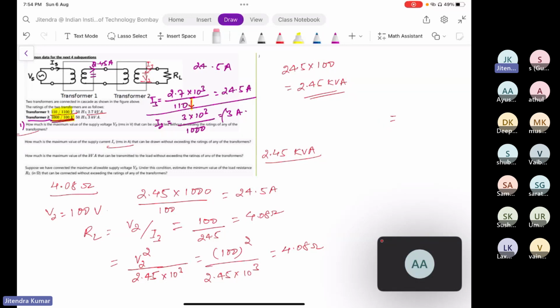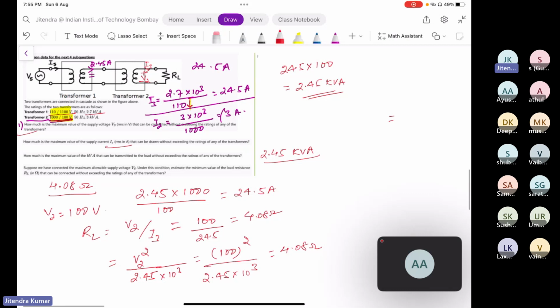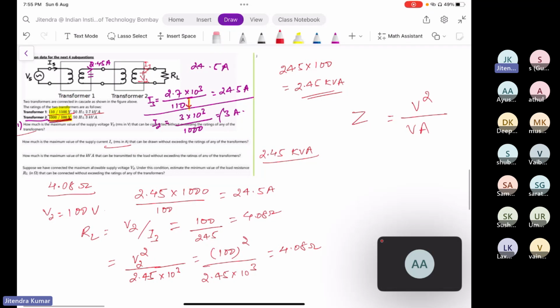Since here we are dealing with only resistance, that's why I use resistance. If you are asked impedance, impedance is nothing but voltage square by volt ampere, whatever you are using. So we already have 2.45 kVA, so I use that kVA, and voltage also is given. That will give you the total impedance of that side of the transformer or any circuit.